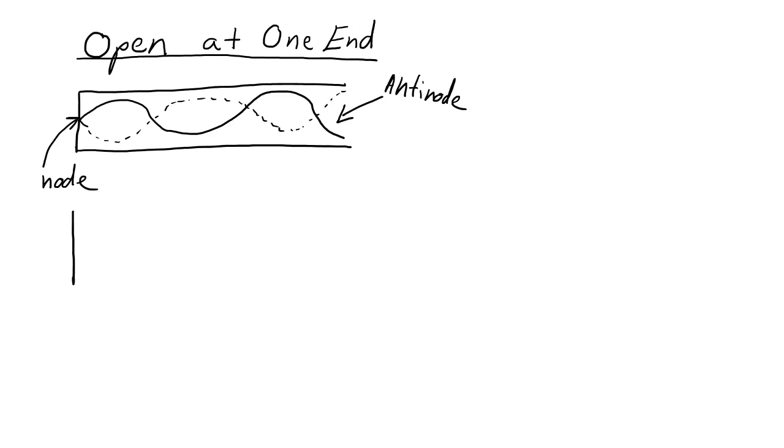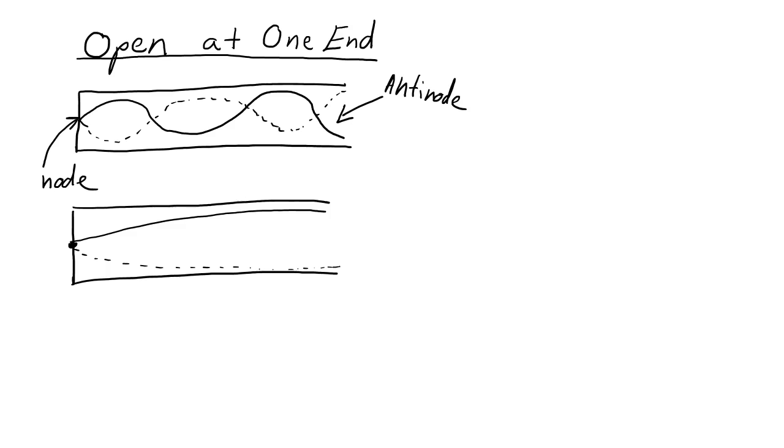Therefore, when we draw the first harmonic for our open pipe, we'll start with having a node at one end and the antinode at the open end. If this pipe is length L, as we had before, that means our wavelength in this situation for the first harmonic is equal to 4 times the length, because at this point 1/4 of the wave takes up the entire pipe.